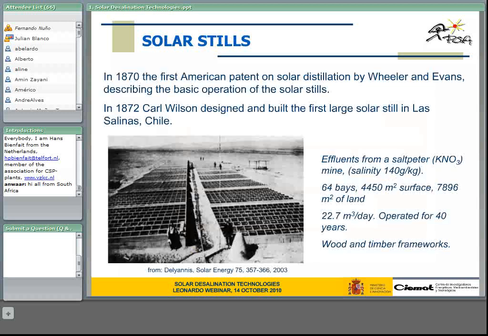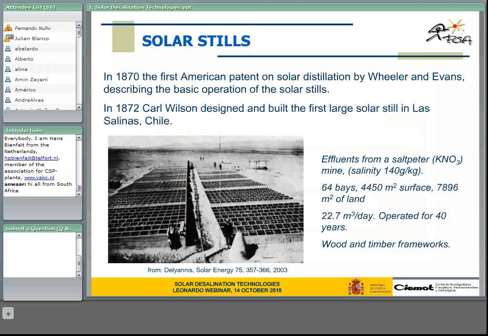The first patent of this technology was nearly two centuries ago, in 1870, by Wheeler and Evans, and the first commercial application of solar technology was by a Swedish engineer, Carl Wilson, in a mining operation in the north of Chile, in Las Salinas.